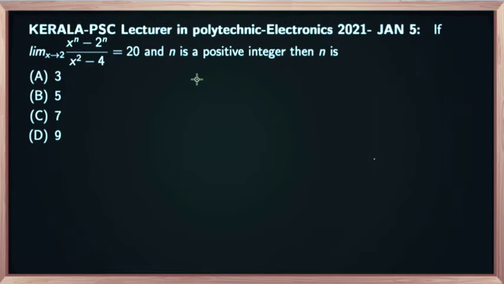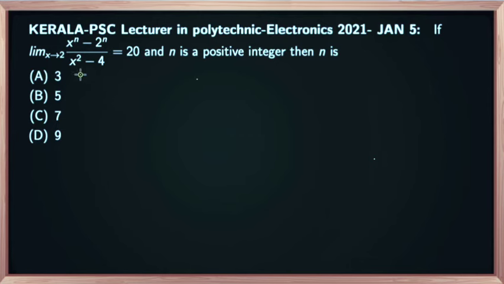Okay. In this question, a calculus question is given to you. Limit h tending to 2, h raised to n minus 2 raised to n divided by h square minus 4 is given to be 20, and you are asked to find out the value of n. It is given n is a positive integer.